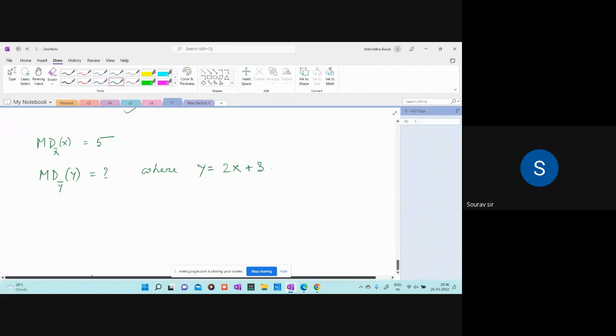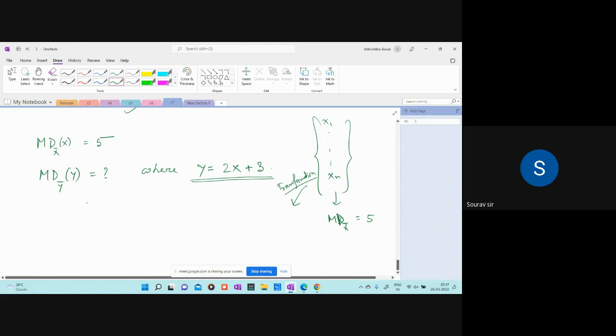Basically, some x1, x2, xn values are given and their mean deviation about mean x bar is 5, and we have made a transformation, and on the basis of this transformation we have got a new set of variables y, where the transformation is like this.